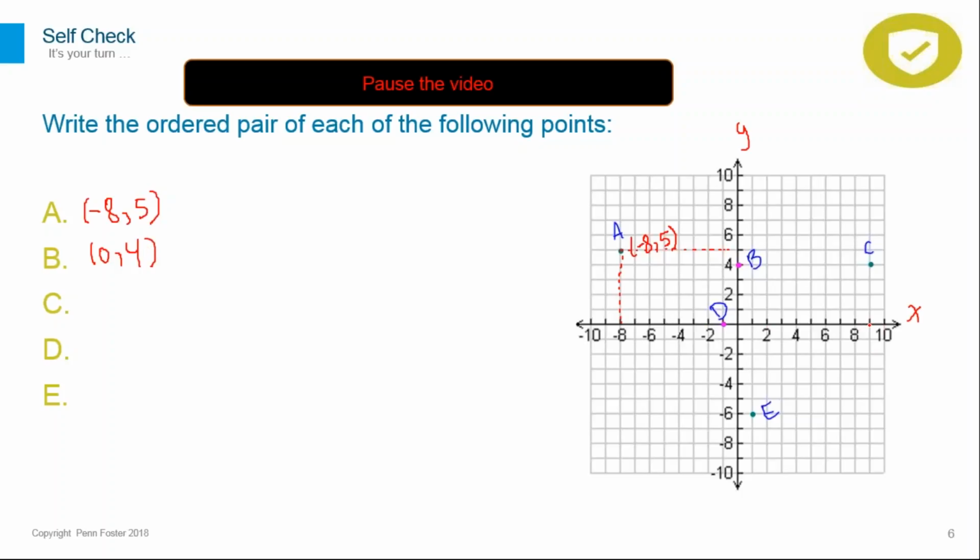C, the x is 9. So that is the 9. And the y coordinate is the 4. So that point is 9 and 4. We have D. D is on the x-axis. It is the -1 and 0. -1 and 0 for the y because we didn't go up or down.